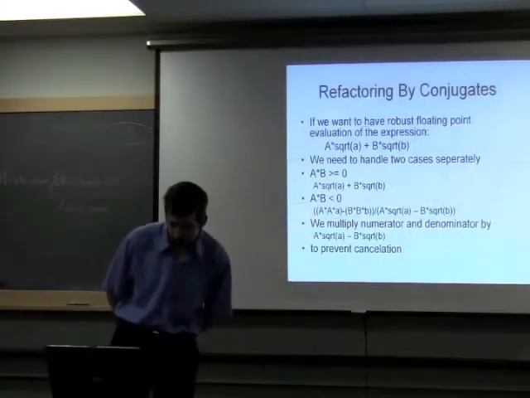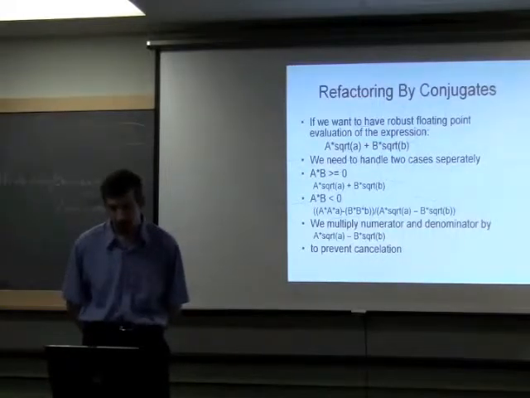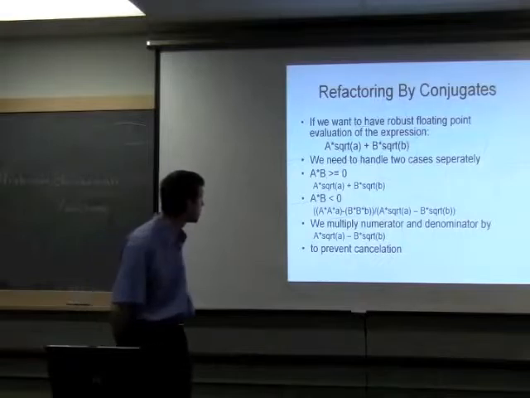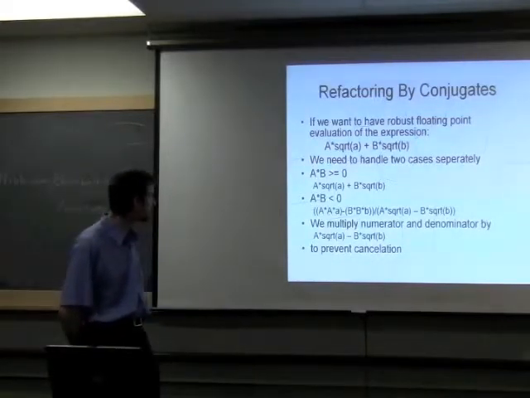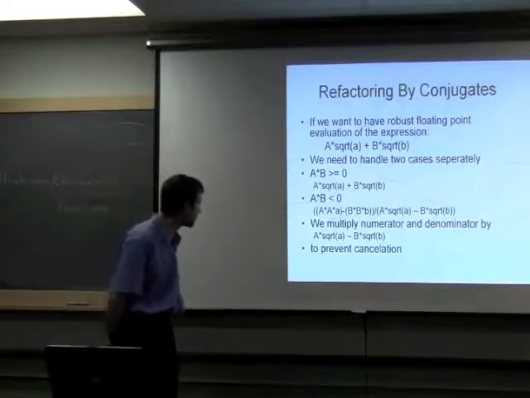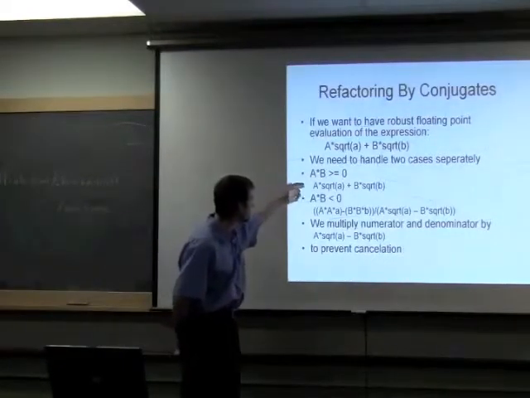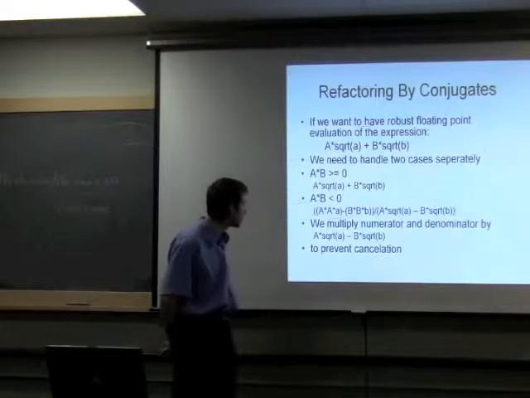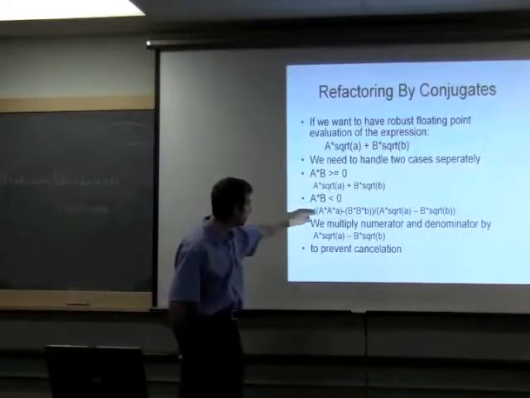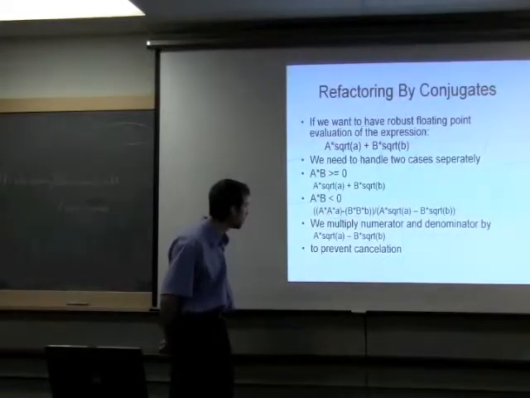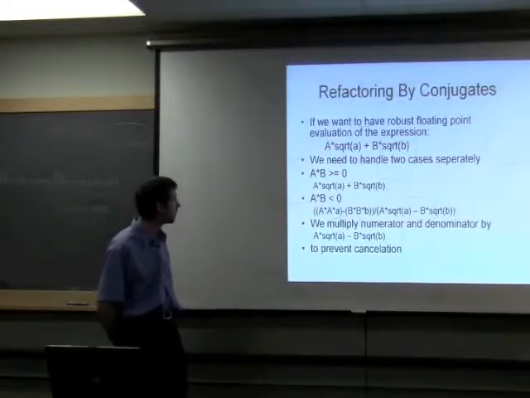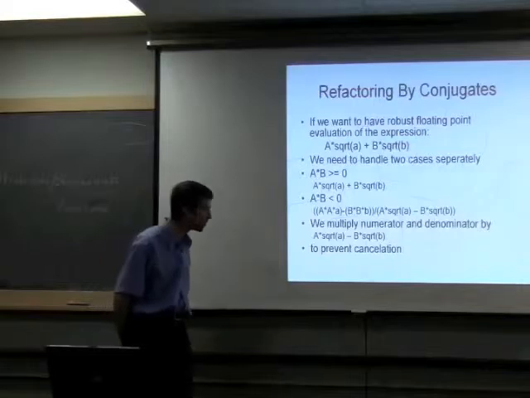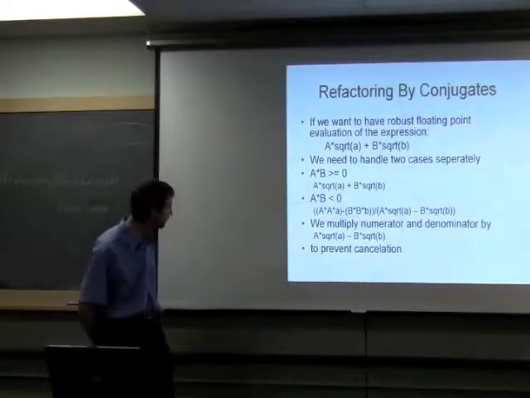So what the student came up with, and I think there's a paper that describes this, is refactoring by conjugates to eliminate catastrophic cancellation, where you can check the signs of things and then have alternate equivalent expressions, where you might have many more operations, but much lower relative error when you do this algebraic transformation on the expression.